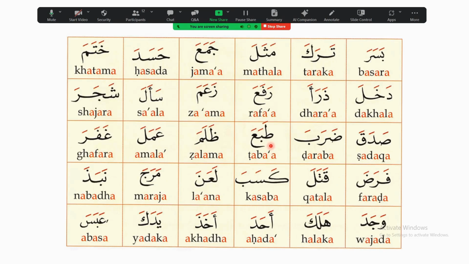One thing I would like to highlight here is that as you are all beginners, try to focus on the sounds of letters from the very start. When I tell you that this is a light ta letter and this is a heavy ta letter, from the very beginning you are supposed to differentiate these sounds, okay? Even if you are struggling, just try to make it a bit different from the start.